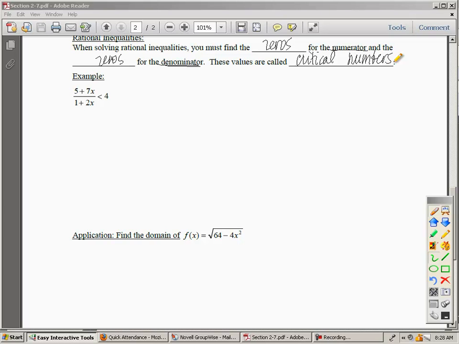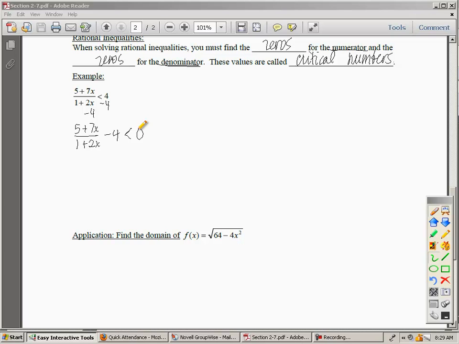And in this case, we're looking at the zeros for both the numerator and the denominator. But before I can find the zeros, we first want this equal to 0. So (5 plus 7x) over (1 plus 2x) minus 4. Oh, not equal to. Let me change that a minute. It is just less than 0.